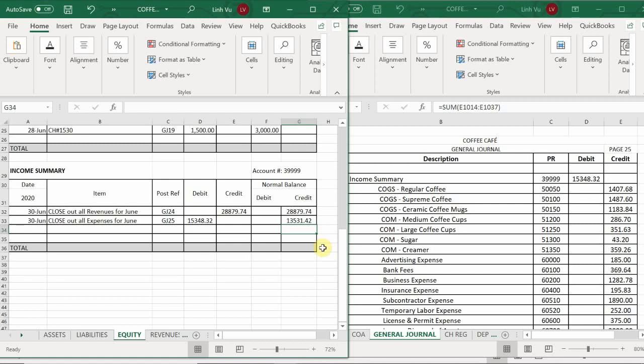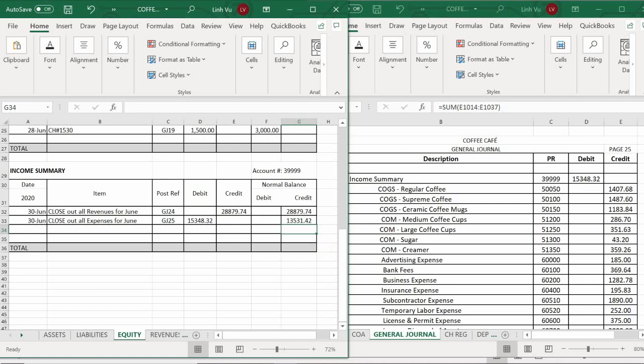Hold on, is that right? Is it 15 or 13? 13. So I keep saying 15. Yeah, my screen's so small. 13,531.42. Where have we seen that number?